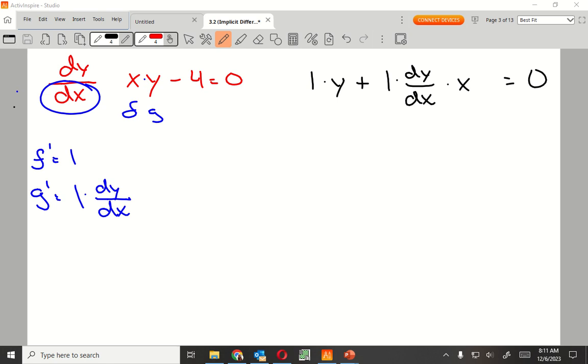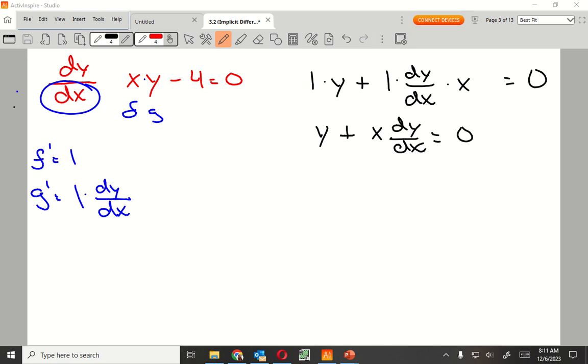Alrighty. So, let's go ahead and kind of put it together. I'm going to rearrange it a bit. So this is going to be y plus x dy/dx equals 0. All I'm doing is just multiplying them and rearranging a bit so it's going to be all nice and organized.